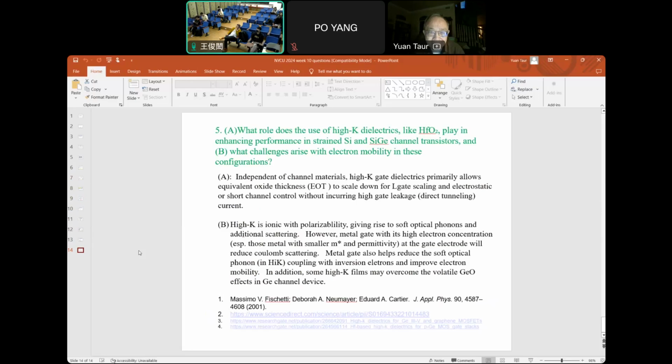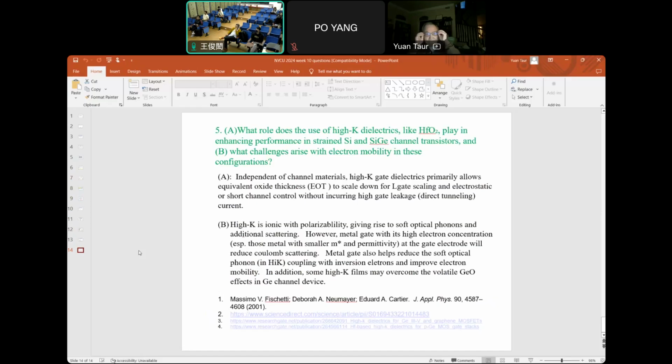So once you get to very thin oxide, there will be direct tunneling gate leakage, which we don't want. So that's why we use high K, making the physical thickness relatively large, but electrically it is thin, so it can be controlled. That is independent of the material.